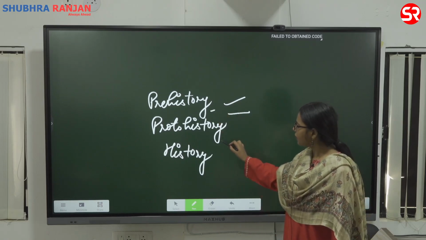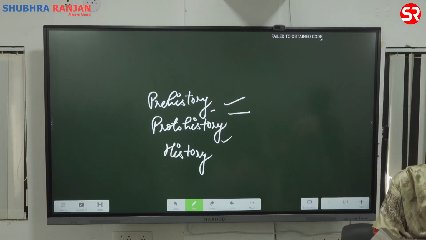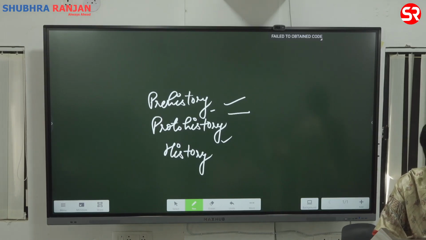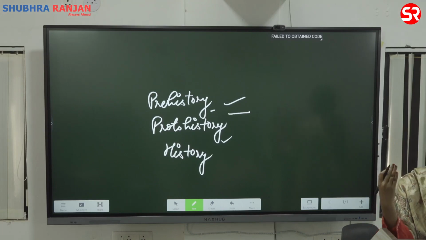Now when we are talking about proto-history, what does this terminology mean? A time when written evidence is available, but we are not able to read either the script or the language. Humans have formed language and written a lot of literature, but after a time we stopped understanding those languages because they were not in use.